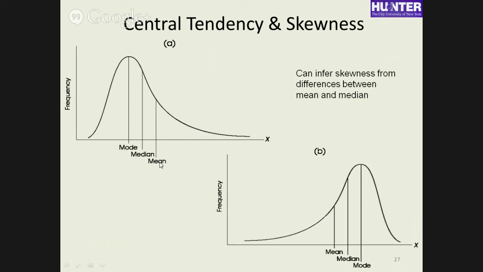So if you have a long tail to the right, those high values are going to pull your mean to the right, and your mean will be larger than the median or the mode. So in the case of housing costs or salaries, the mean is going to be higher than the median.